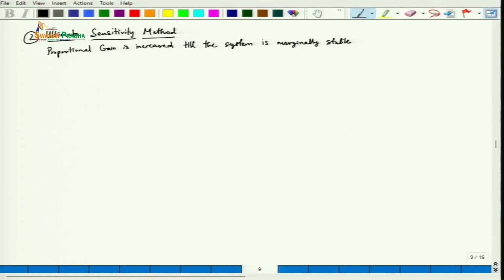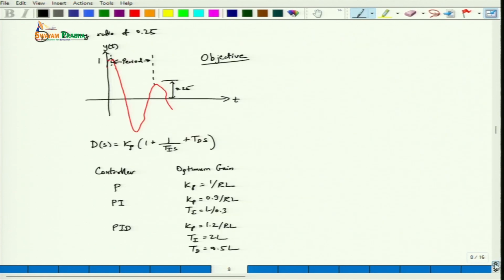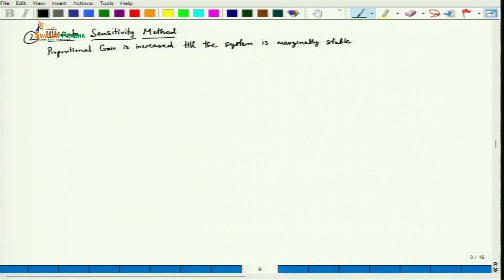So we start with any system we have, and we just take a controller which has a proportional gain, and this proportional gain is increased till the system is marginally stable.